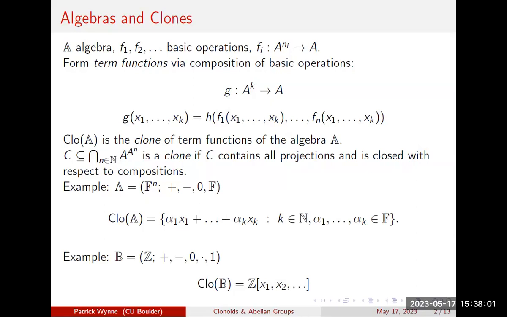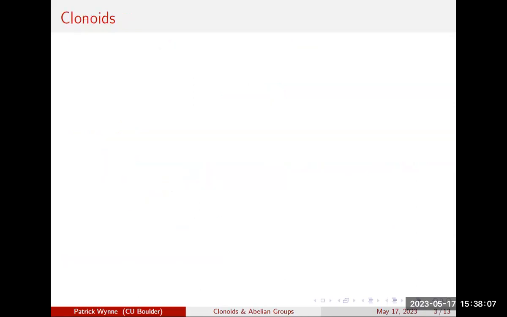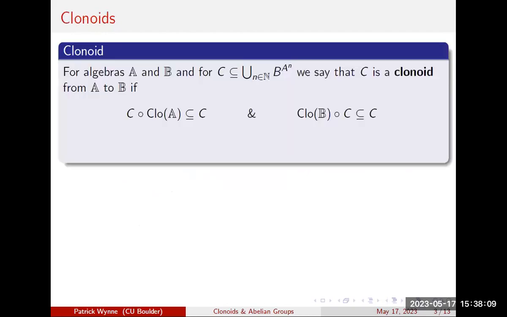So a clone, we can think of the term clone, is just all of the functions we can form from the basic operations. So now what is a clonoid? If we start with an algebra A and another algebra B, then a clonoid is a subset of functions from powers of the first algebra into the second algebra with some closure properties.